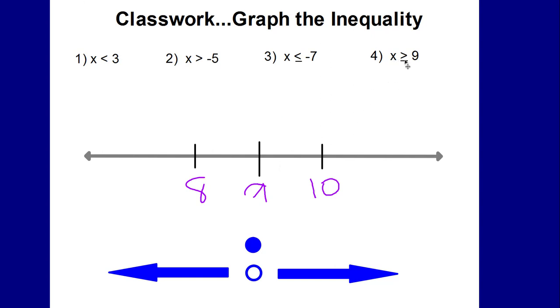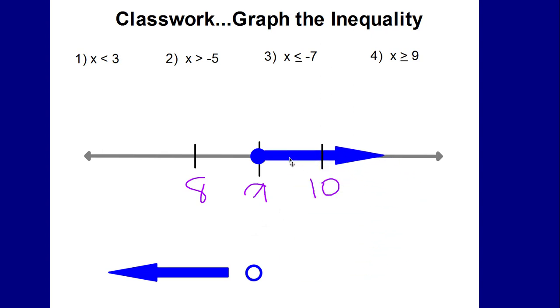Starting with 9 in our circle, because we do have this equal line here, we want a closed or filled circle at 9. And then the alligator mouth is eating x, so that means that x is the greater value. All values greater than 9. So there's our x value line, and label it x. So this is the inequality x is greater than or equal to 9.